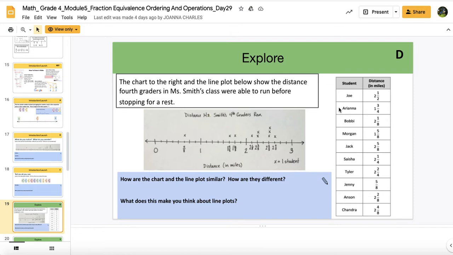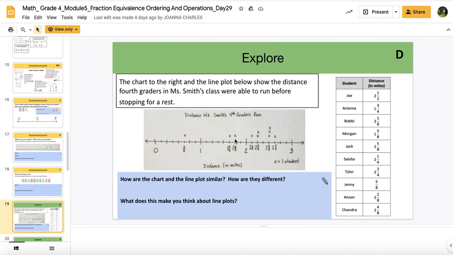And if students take a look at the chart here, they're noticing that here we have the students' names. Here we have how far they ran. And students should notice that for however many students there are here, which are 10, there are also 10 X's here on the line plot to represent 1 X for each of the students.